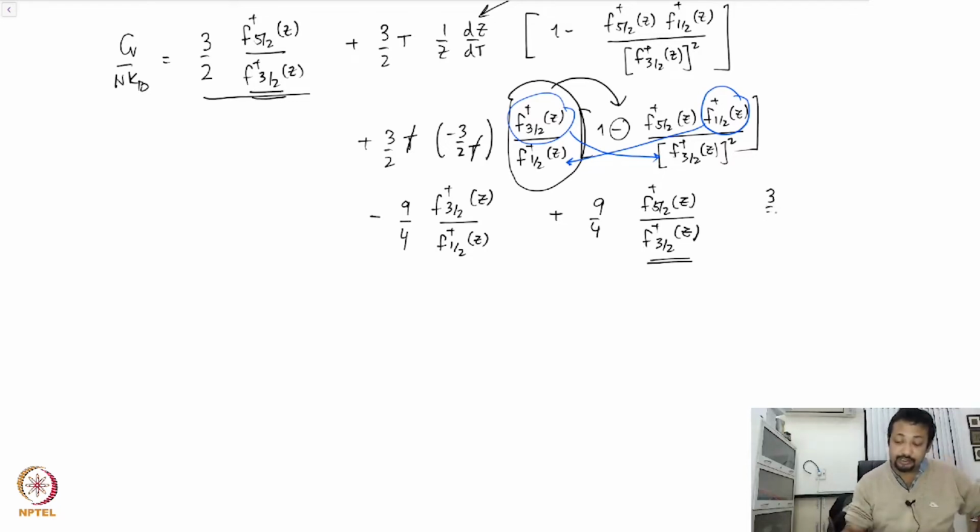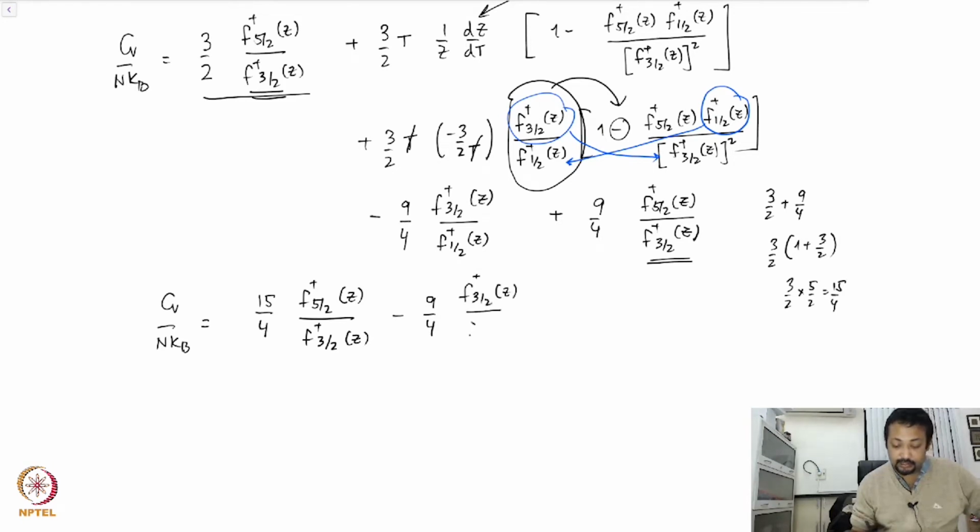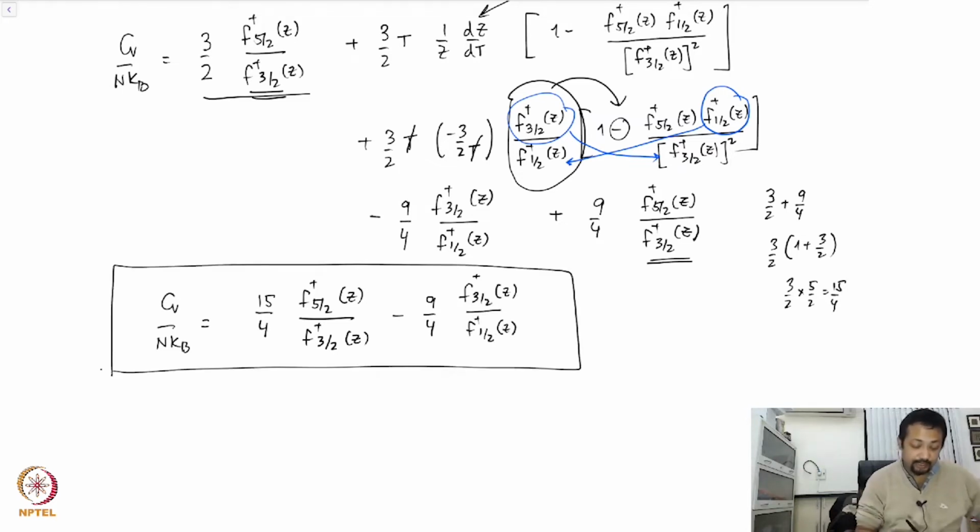We simply add up, which is 3 by 2 plus 9 by 4, which gives you 3 by 2 times 1 plus 3 by 2, that is 5 by 2, so 3 by 2 into 5 by 2, which is 15 over 4, and you have CV over NKB is equal to 15 over 4 f plus 5 by 2 of z divided by f plus 3 by 2 of z minus 9 by 4 f plus 3 by 2 of z divided by f plus half of z. And this is the expression that we were originally after.